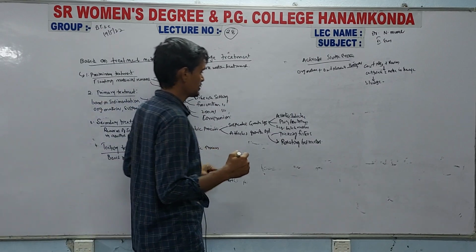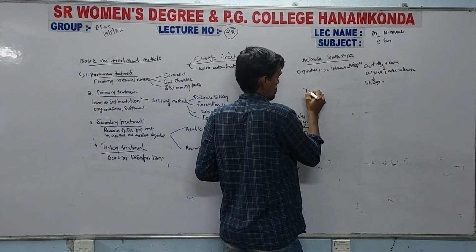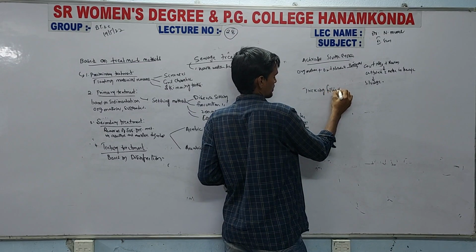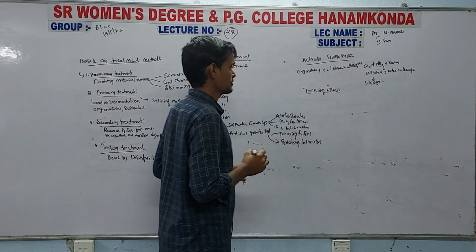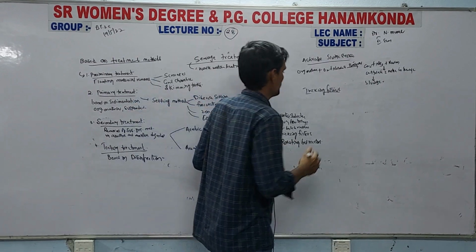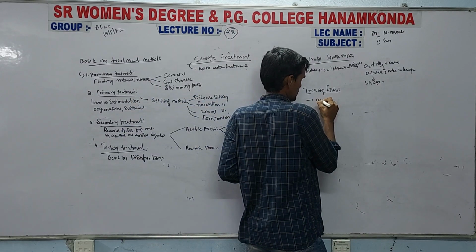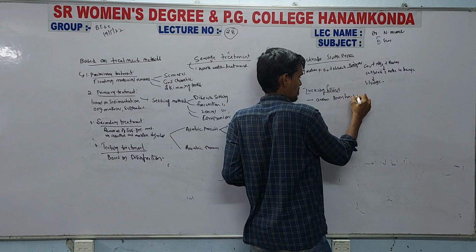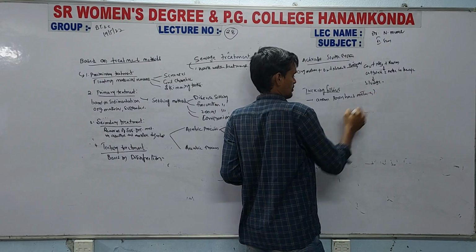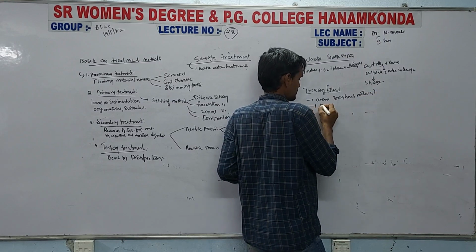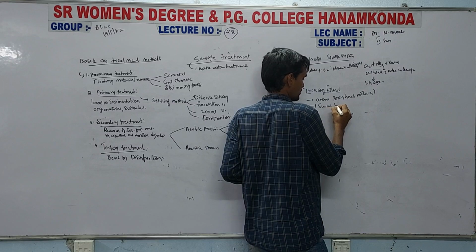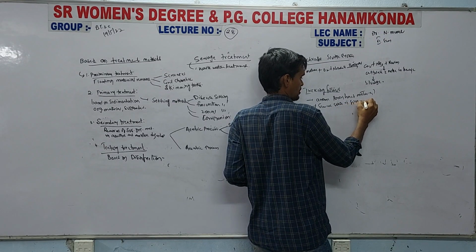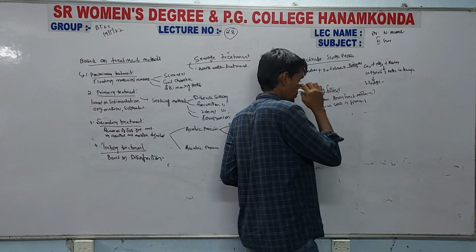Next, trickling filters, which come under the category of attached growth system. In this, we arrange porous hard material and sewage water will be sprayed over the porous hard material.